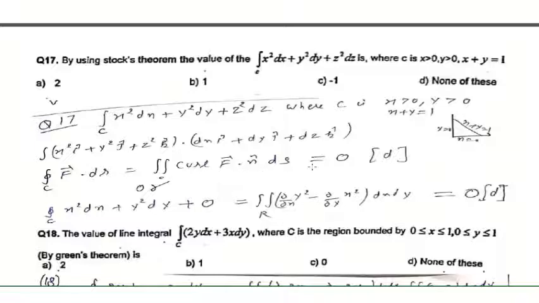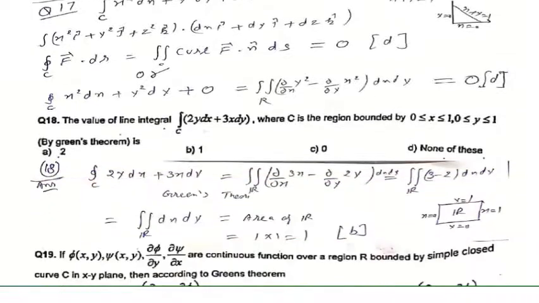So if curl is 0, then the integral of F dot dr is 0. So the answer is 0. Otherwise, if you want to put z as 0, you can apply Green's theorem, and again you will get 0. Both ways you can solve this. So D option is the correct option.